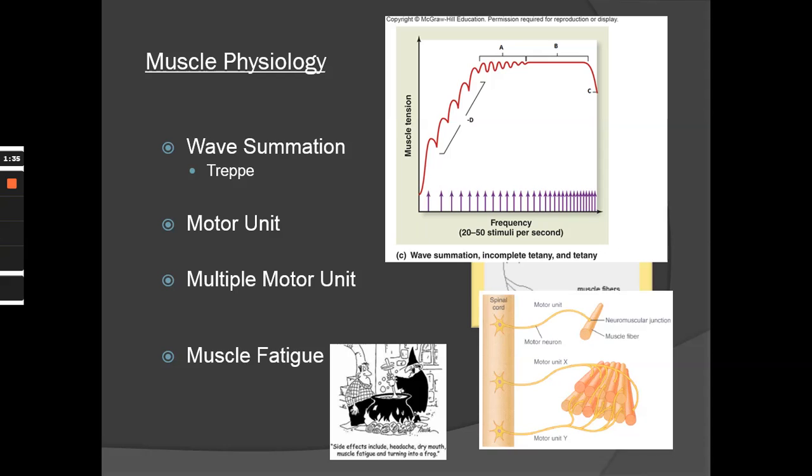This phenomenon known as wave summation is when waves of contraction of a muscle add together. Think of a muscle fiber getting repeated stimulation. It gets stimulated by a neuron, it results in a muscle contraction, and then it gets another one, and then another one. How does that affect the force over time?